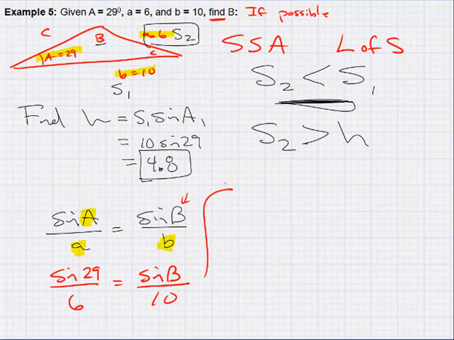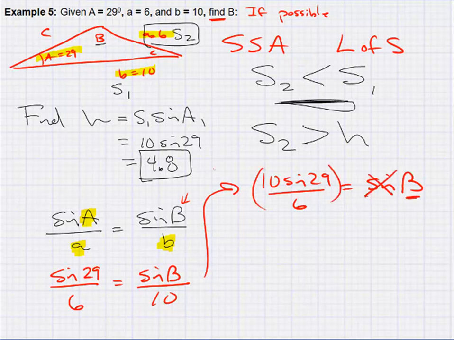So that gives me 10 times the sine of 29 over 6 equals sine of B. We just know sine of B, so we got to get rid of this sine. We do that by doing an inverse sine on this side. So if I take the inverse sine of this, that can give me B. So I get B to be 54 degrees.